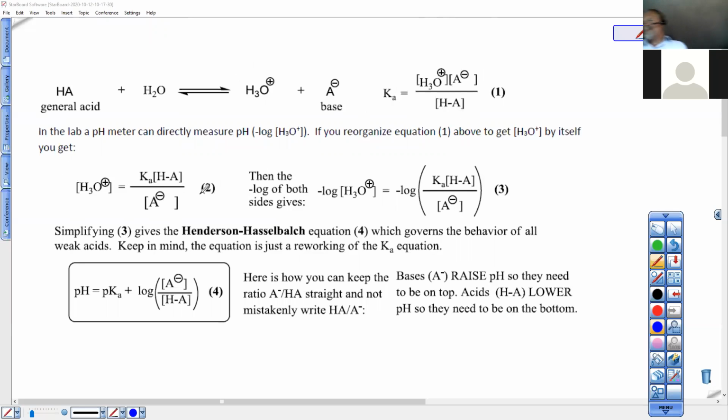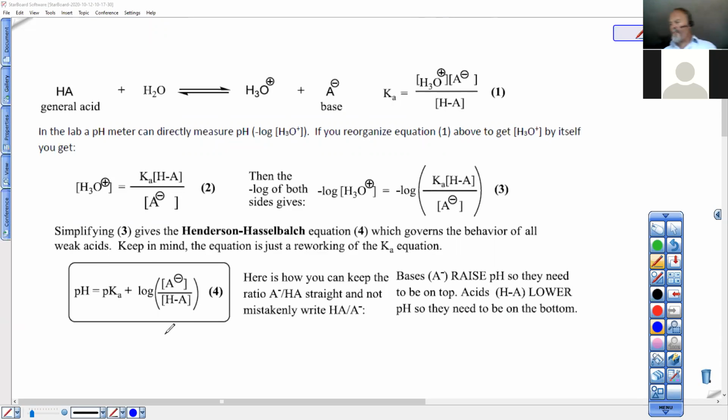And then I took the negative log of both sides, and I got this. The negative log of hydronium is called pH. The negative log of Ka is called pKa. The negative log of HA over A- is the same as the positive log of A- over HA. That's just math, people. Here's the equation.